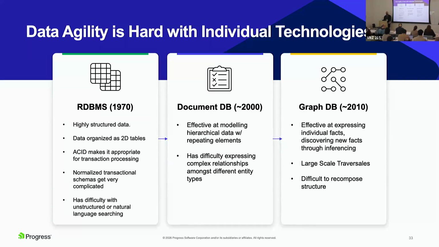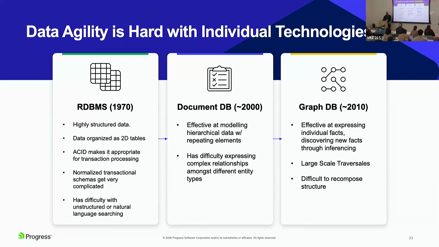So in came graph databases, right? Graph databases excel at those things, as we all know. That's why we're here, right? We can build really interesting models within graph databases, do large-scale traversals of information, infer new facts.